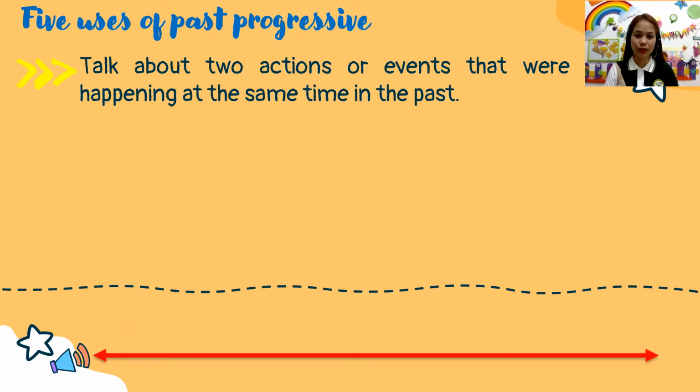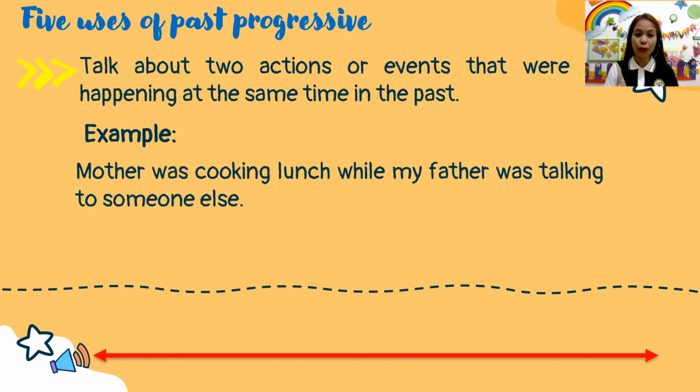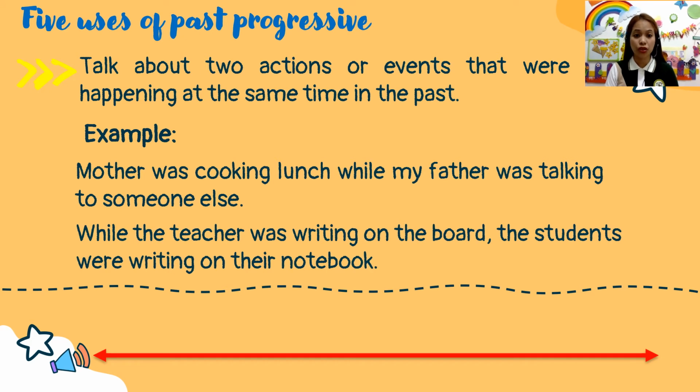Next one is to talk about 2 actions or events that were happening at the same time in the past. Okay? For example, Mother was cooking lunch while my father was talking to someone else. While the teacher was writing on the board, the students were writing in their notebooks. Okay? Was cooking and was talking are both in past progressive tense.